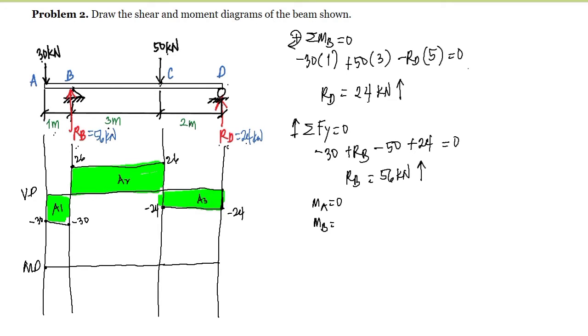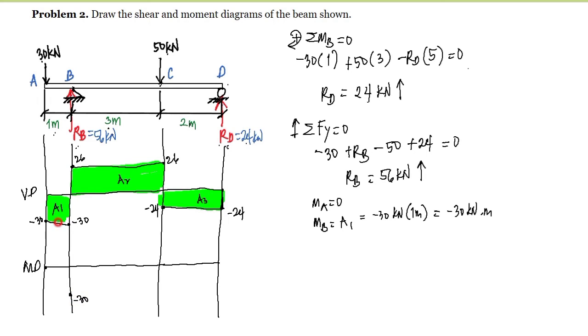So the moment at B is equal to area 1, which is equal to the area between A and B. So we have here negative 30 kilonewton multiplied by the distance of 1 meter. So we have here the moment at B, which is equal to negative 30 kilonewton meter.